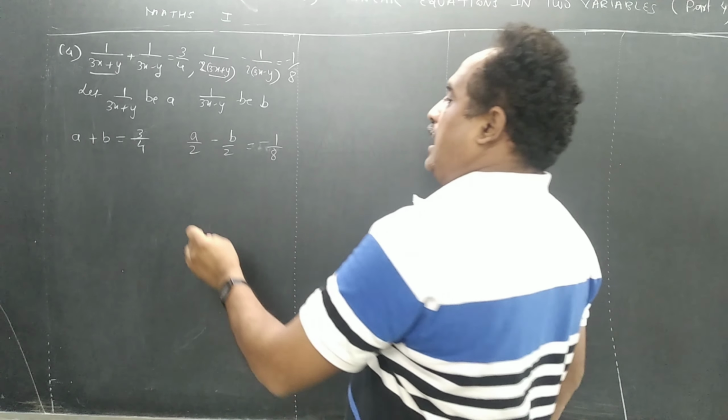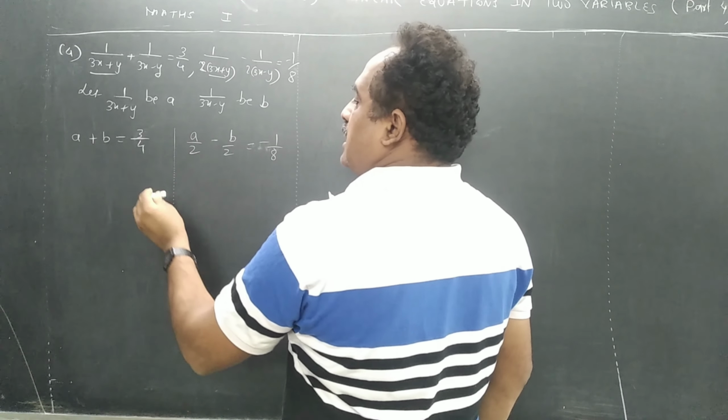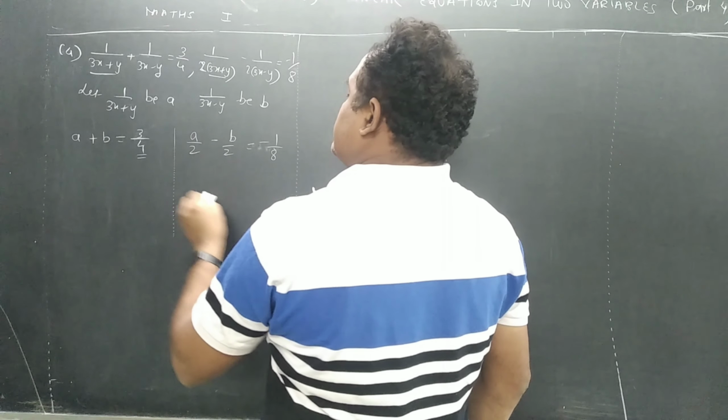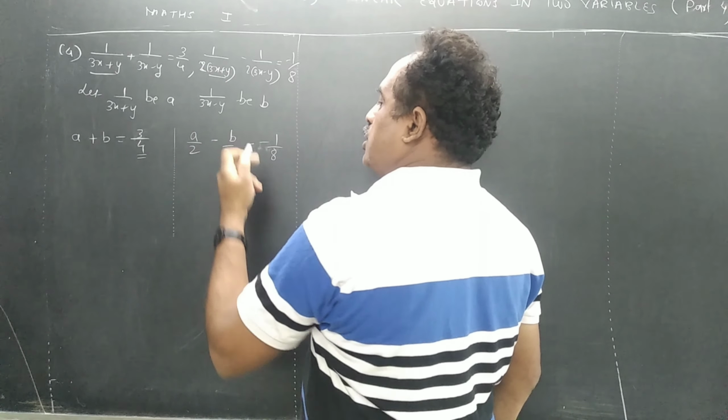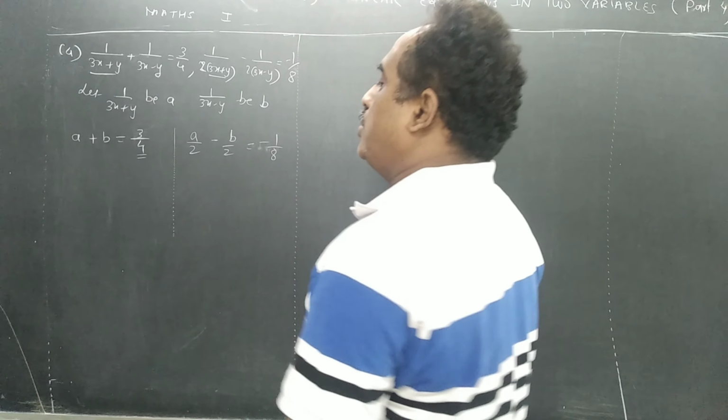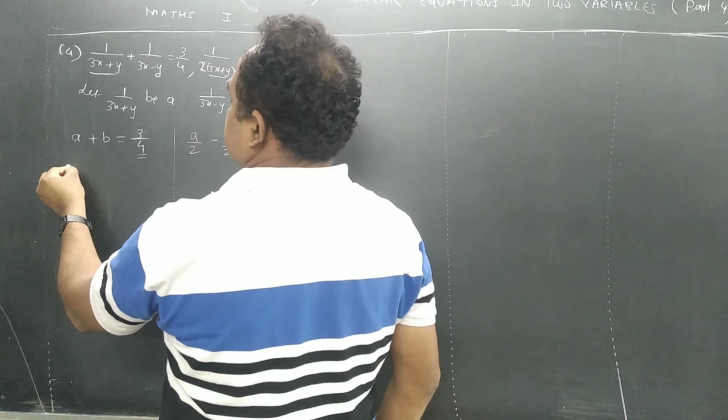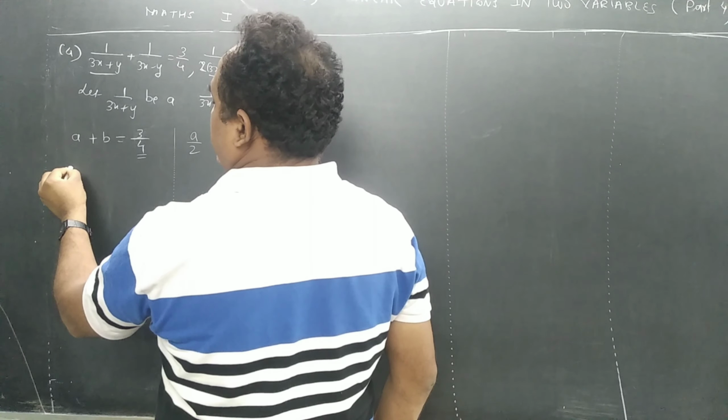Now in this case the denominator is 4, here the denominator is 2. So what you are going to do is cross multiply by 4, so what will happen then?